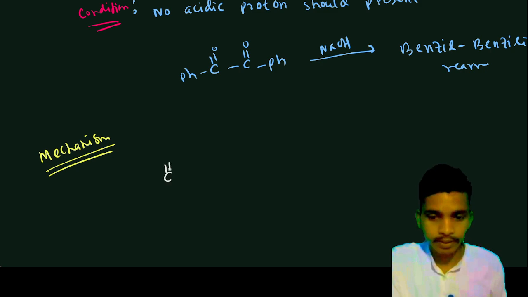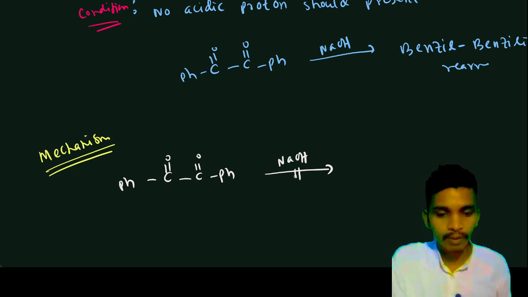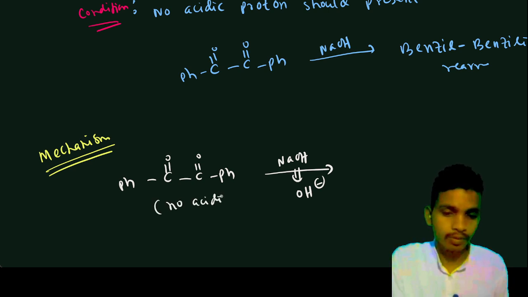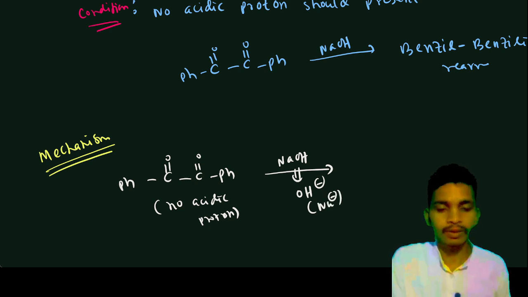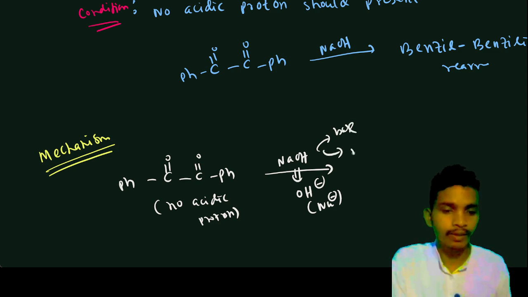Here we have CO and CO groups, and let's say I have phenyl and phenyl. No acidic proton is there. Now I have this basic medium. Then this OH minus, since no acidic proton is there, will act as a nucleophile, because it can act as both base and nucleophile.